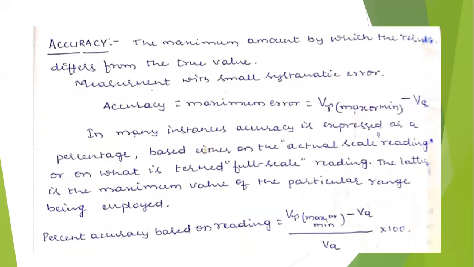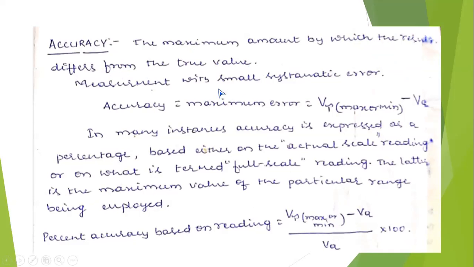See, there will be a change in the result. That is the maximum amount by which the result differs from the true value. The true value is 20 millimeter. Instead of 20, you have 20.001 millimeter. That is nothing but the error.